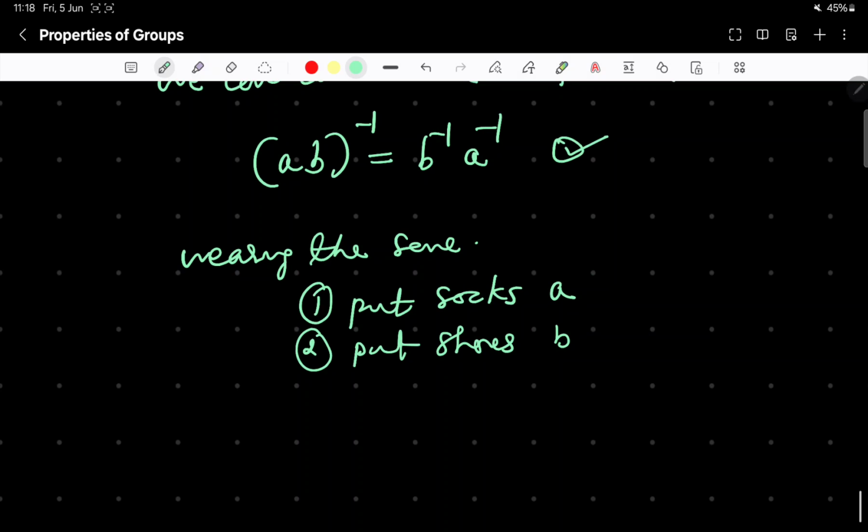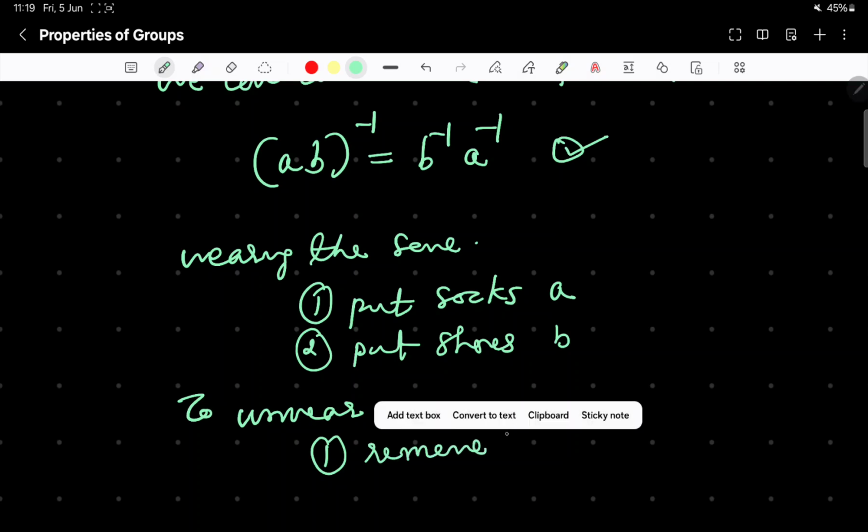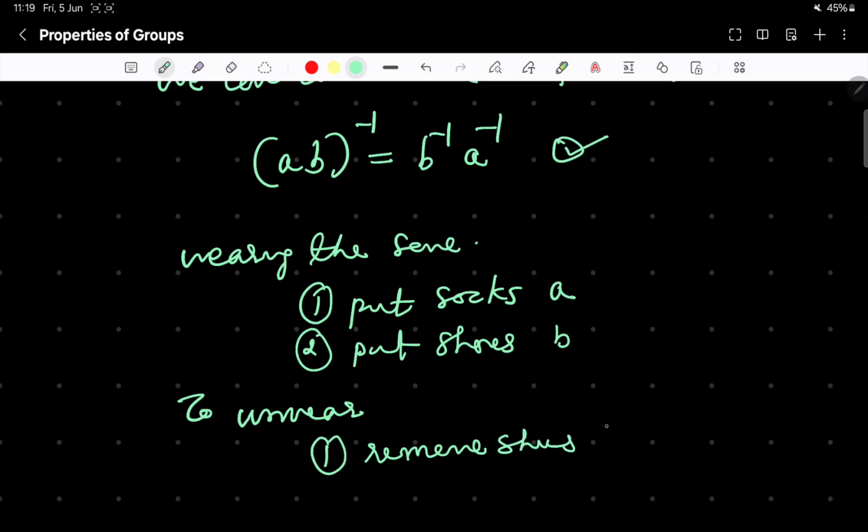Now how to unwear it? What is the first step? Remove shoes, that is the opposite, B inverse. Second thing is remove socks, so A inverse. So that's why it is called the socks and shoes property. So it's an inverse operation. You do AB, but to remove AB you have to do B inverse, A inverse.